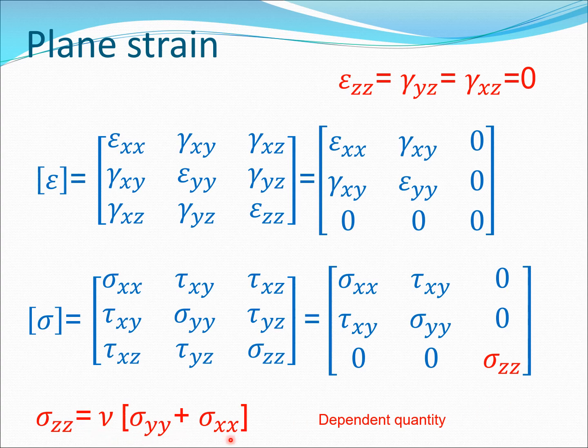This stress happens because of the presence of sigma xx and sigma yy, and the fact that the Poisson ratio exists in the real structure. So sigma zz is a dependent quantity. It exists because of the presence of sigma xx and sigma yy, and there is nothing we can do about it. Though we try to wipe out the strains in the Z direction, somehow the Z direction has manifested itself in the stress matrix.